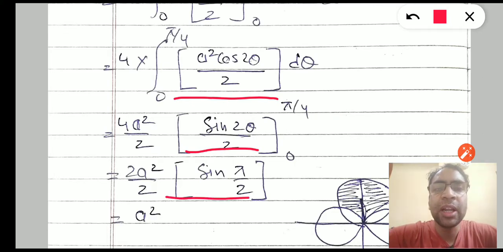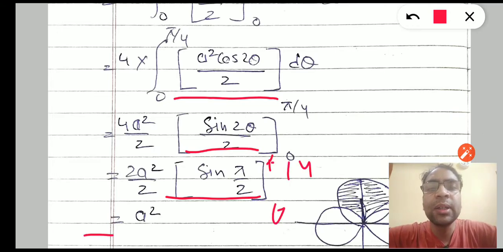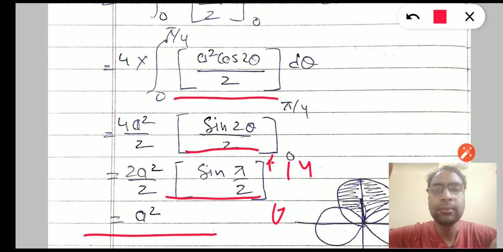Applying the limits 0 to pi by 4, we get sine pi by 2 minus sine 0. After applying the limits, the final result is a square. So the area of the given lemniscate comes to be a square.